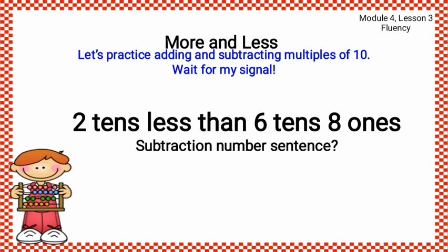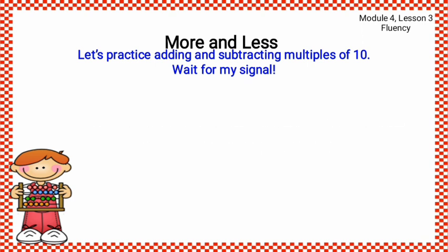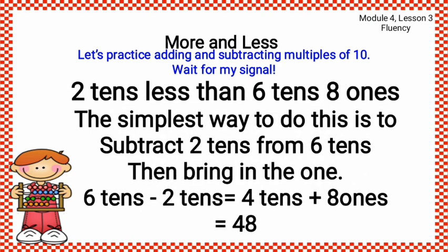Here's what I do. The simplest way to do this is to subtract 2 tenths from 6 tenths, then bring in the ones. So I'm only going to subtract from the tenths, and whatever answer I get, I just have to bring in the ones. 6 tenths minus 2 tenths is 4 tenths.